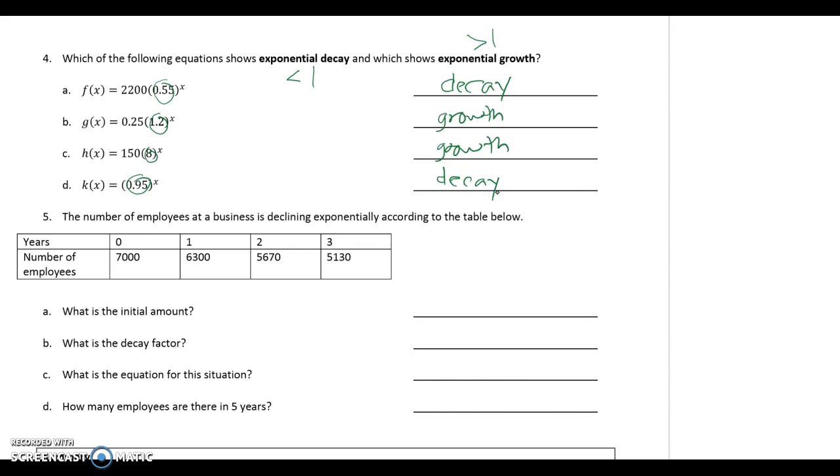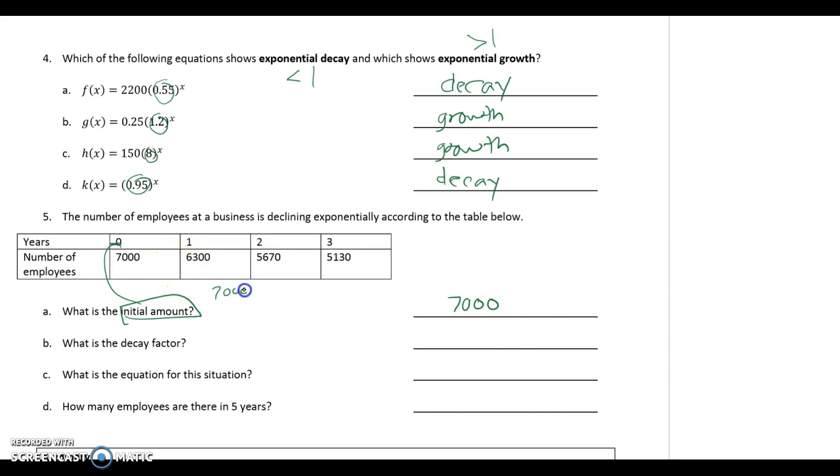And lastly, when we're looking at a table here, we want to be able to look at what the initial amount is. So initial amount is when the time is 0. So initial amount here is 7,000 employees. The decay factor, now this is a little trickier to figure out. We know this is going down, so we want to figure out how much it went down by.